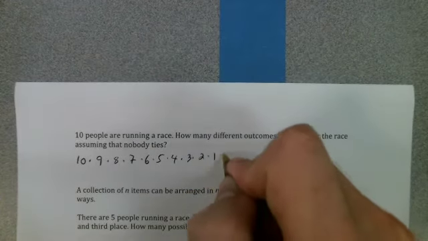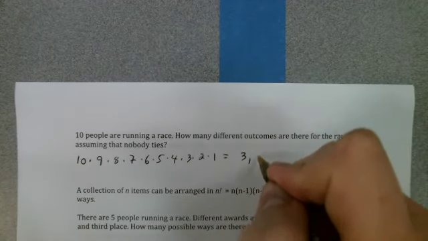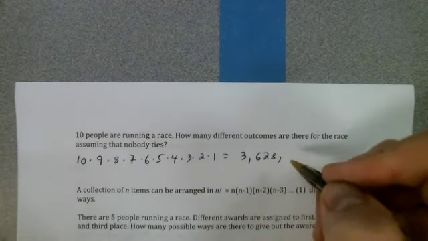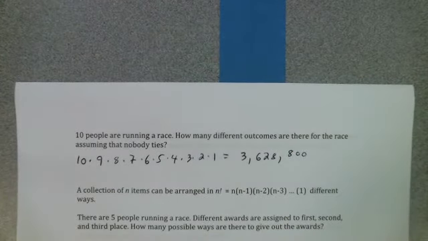If you type that into your calculator, that gives you 3,628,800. That's the number of branches. Now this was a huge pain, doing 10 times 9 times 8 times 7 times 6 times 5 times 4 times 3 times 2 times 1.